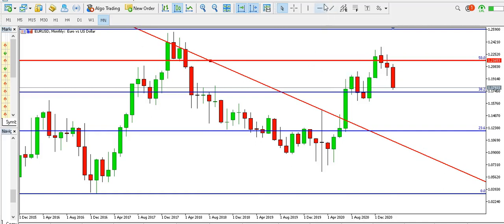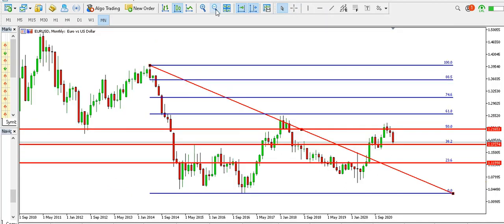Okay, then the 38.2 marked with a red horizontal line. So I can as well mark the 23.6 with a red horizontal line. I can also place a red horizontal line on the 61.8.